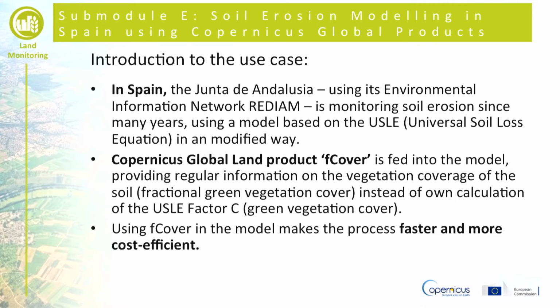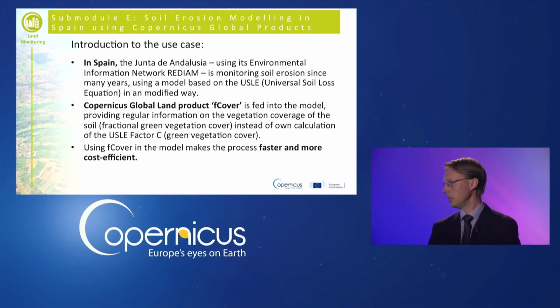So it can be used also to update the situation on very frequent and regular terms. Instead of doing that calculation based on the universal soil loss equation just one time or in irregular terms, this has proven relatively or rather efficient, fast and cost effective.